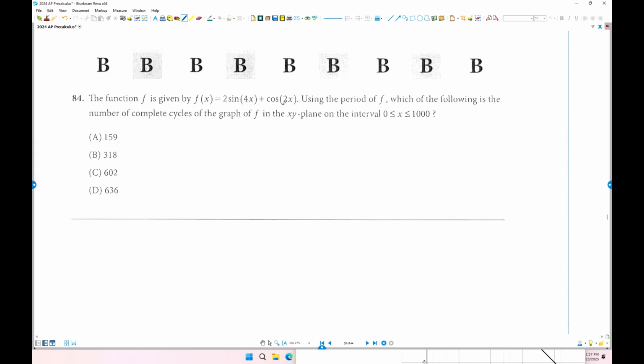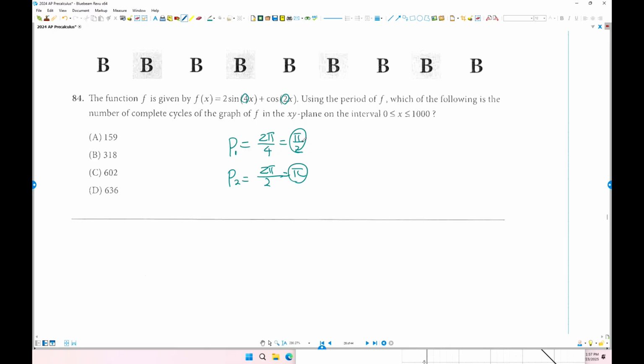We have a sine 4x and the cosine 2x. For sine 4x, what is the period? 2 pi over 4, right? You get the b value, 2 pi divided by the b value 4, that is pi over 2 is the period. For the cosine, the period is 2 pi over the b value 2, that is pi, right? But this is twice this one.